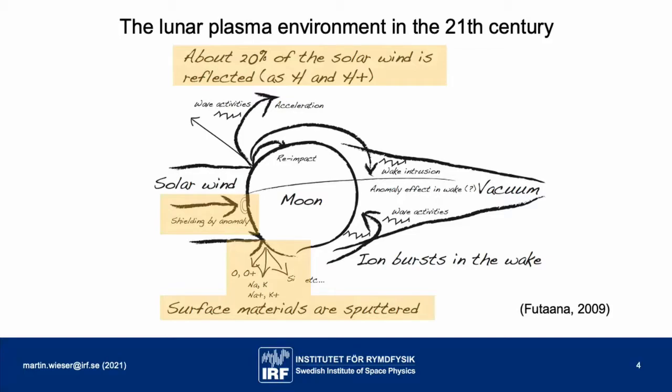Most prominent is that about 20% of the solar wind is reflected as energetic neutral atoms to space, but there are also surface materials sputtered which appear as energetic neutral atoms, and there is shielding of solar wind by magnetic anomalies, which again can be observed by looking at the energetic neutral atom emission from the lunar surface. So the image got much more complicated in the 21st century.